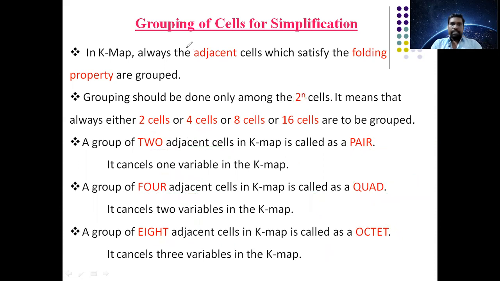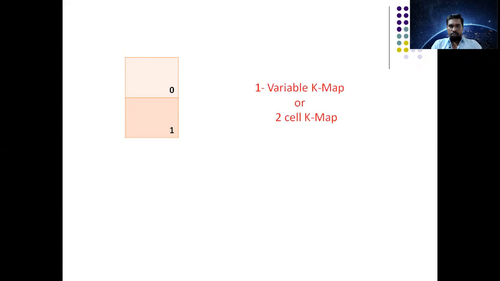Next, our task is to identify how a pair can exist, how an octet can exist, and how a quad can exist. For example, we will start with a basic K-map. This is a 1 variable K-map, or you can call it a 2 cell K-map.